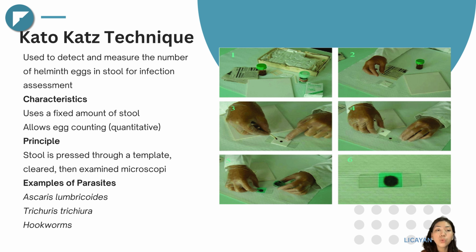It uses a standardized template and a fixed amount of stool, and here the stool is pressed through a template, then cleared and examined microscopically. This makes it especially useful in epidemiological studies and infection monitoring, and helps detect the presence of Ascaris lumbricoides, Trichuris trichiura, and hookworms such as Ancylostoma duodenale and Necator americanus.